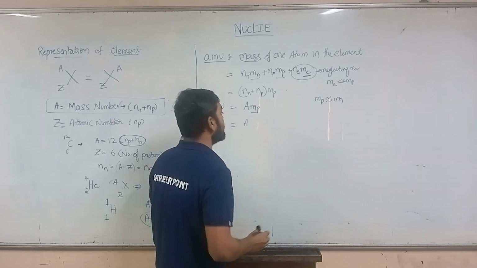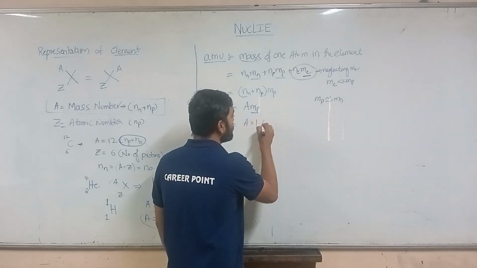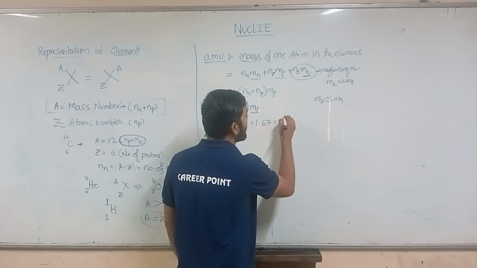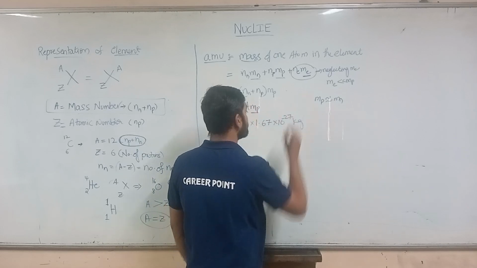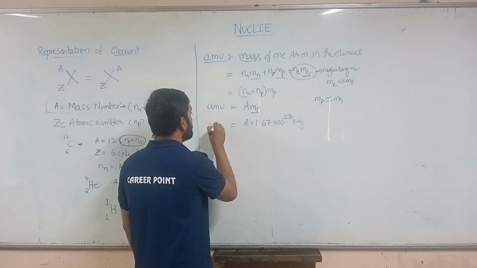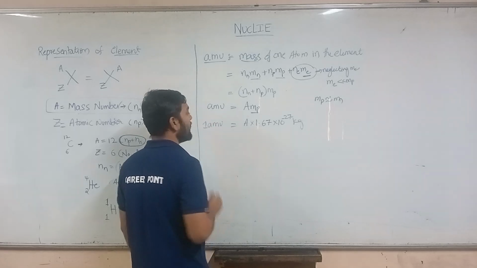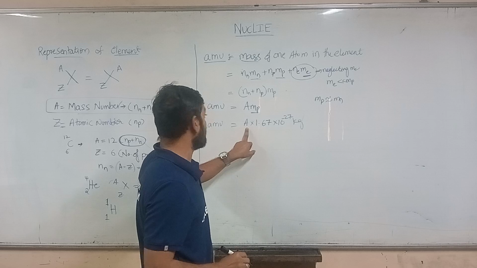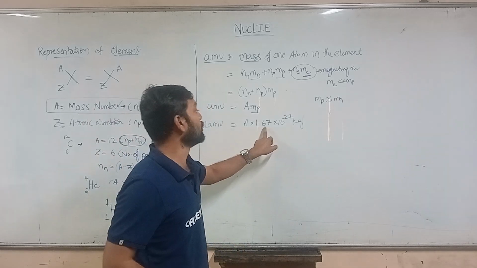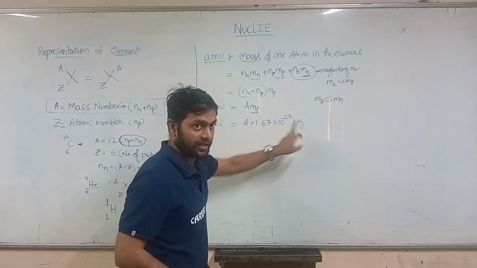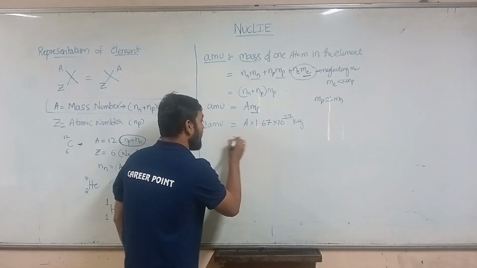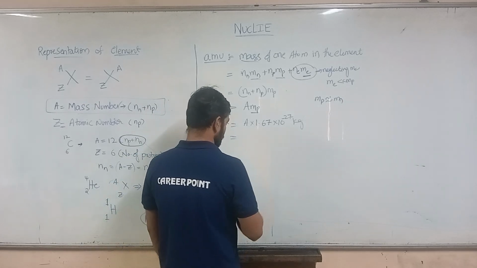The mass of proton is 1.67 into 10 to the power minus 27 kg. So one atomic mass unit is equal to A, the mass number, into 1.67 into 10 to the power minus 27 kg.